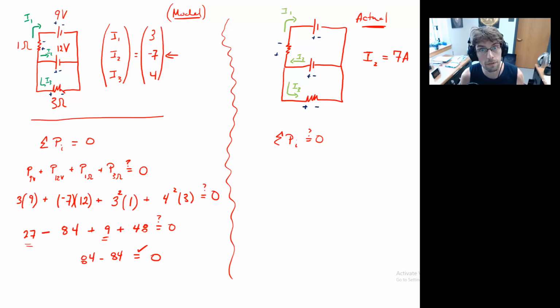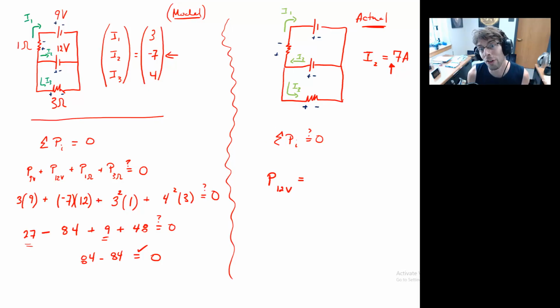But because of that, notice that now, when I'm thinking about the power of the 12-volt battery, because I've changed the direction of I2, I have lost the negative sign. But at the same time, now the current enters the negative terminal of the battery, not the positive terminal as was the case when I was actually modeling the system.